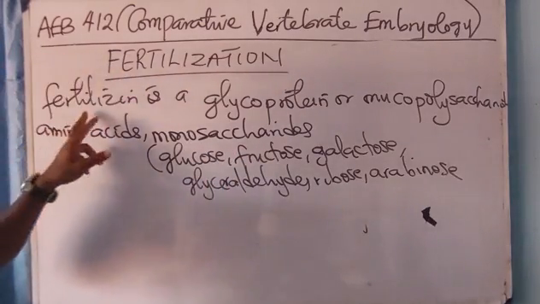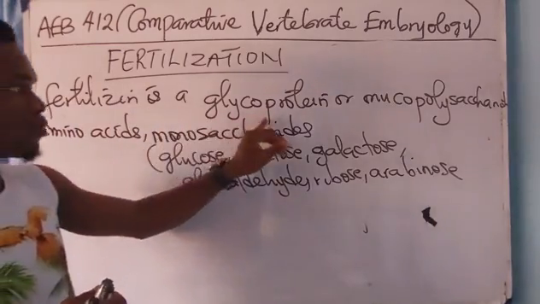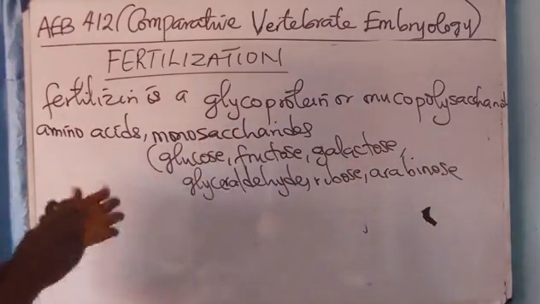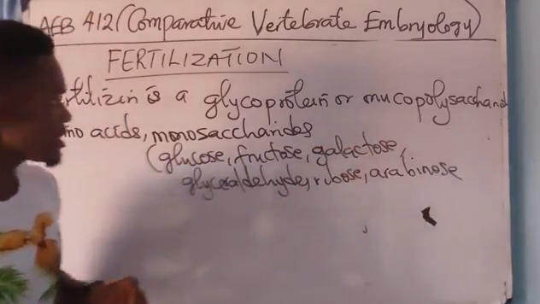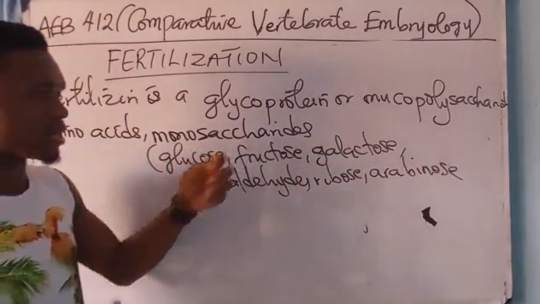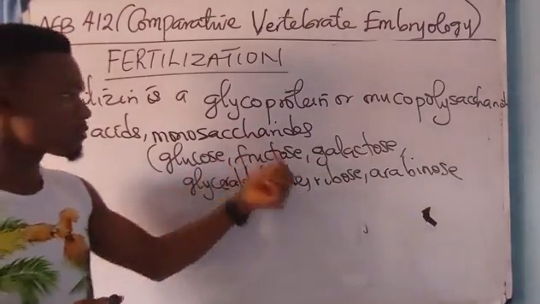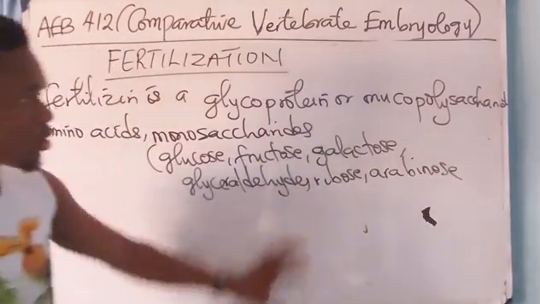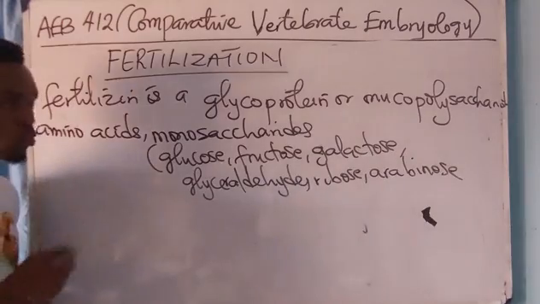I said that the fertilizin is a chemical, a glycoprotein or mucopolysaccharide. As protein, it comprises amino acids. As mucopolysaccharide, it consists of 2 or more monosaccharides, which are glucose, fructose, galactose, glyceraldehyde, ribose, arabinose. All of these are what?